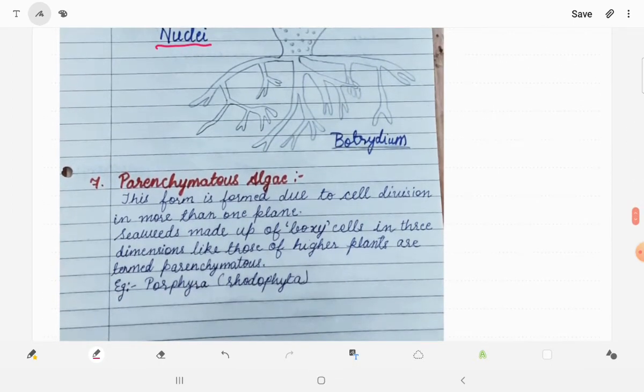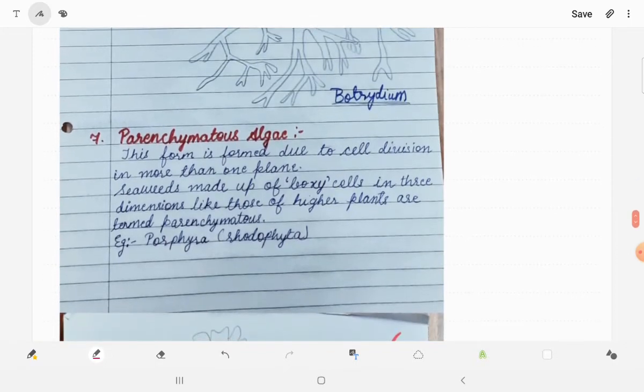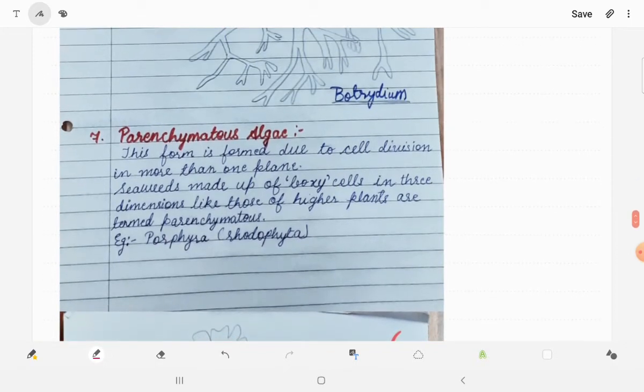So let us move to the next type of multicellular algae, that is parenchymatous algae. This form is formed due to the cell division in more than one plane. Seaweeds made up of the boxy cells in 3 dimensions like those of higher plants are termed parenchymatous.